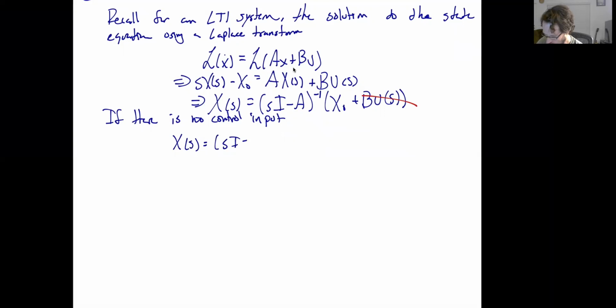And then we get s times the identity minus A, inverse, times the initial condition of x.